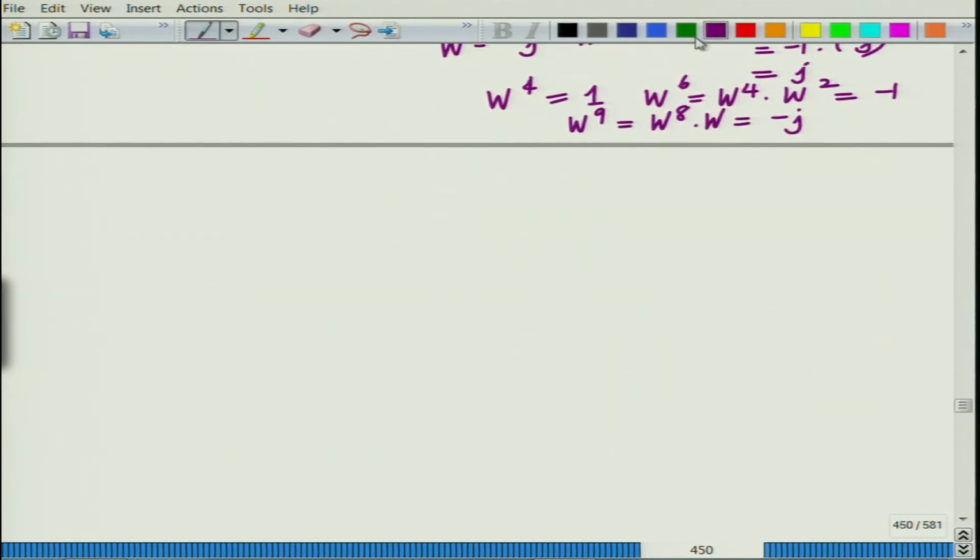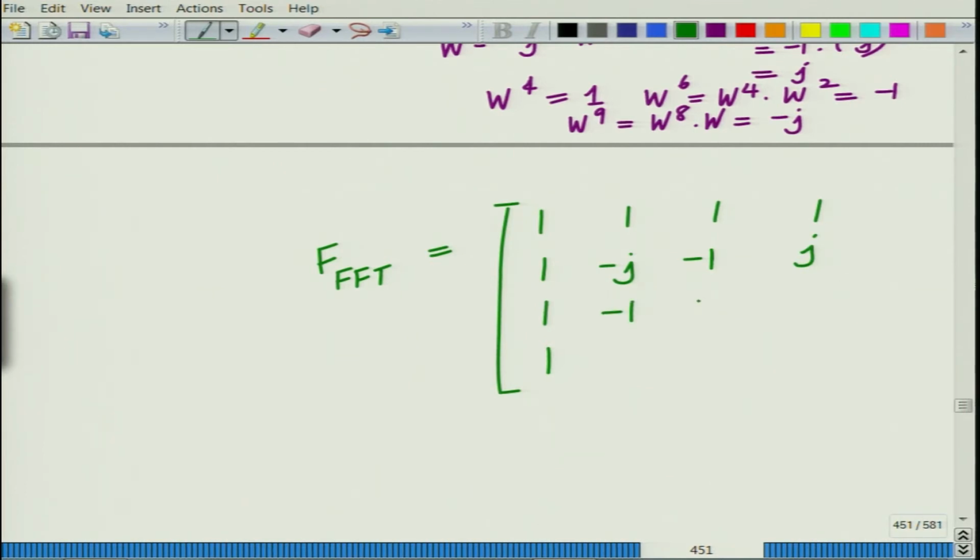You use all these things and substitute into the matrix, so the 4 cross 4 FFT matrix will be 1 1 1 1; 1 W which is minus j, W square which is minus 1, W cube which is j; 1 W square which is minus 1, W4 which is 1, W6 which is minus 1; 1 W cube which is j, W6 which is minus 1, and finally W9 which is minus j.